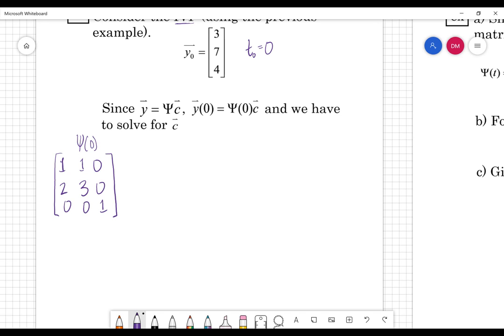Okay, and that is getting multiplied by our C matrix. So that will look like C1, C2, C3. And we're saying that that gives us our y of 0, 3, 7, 4.